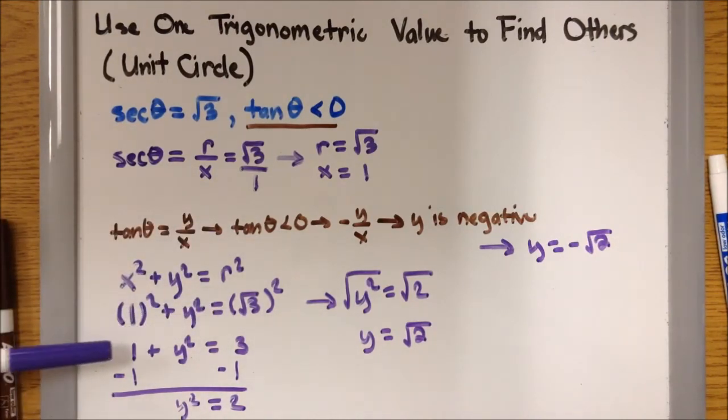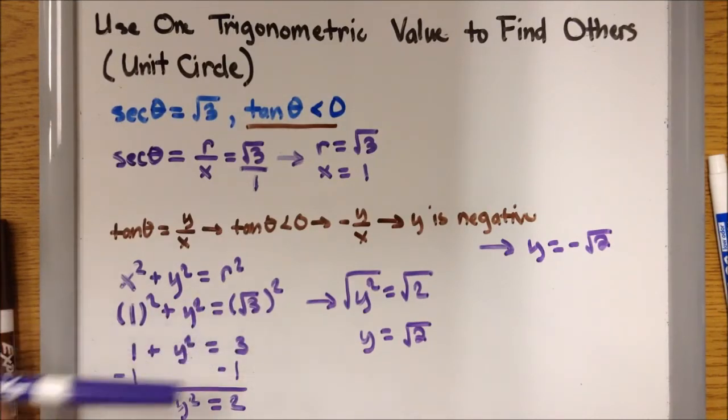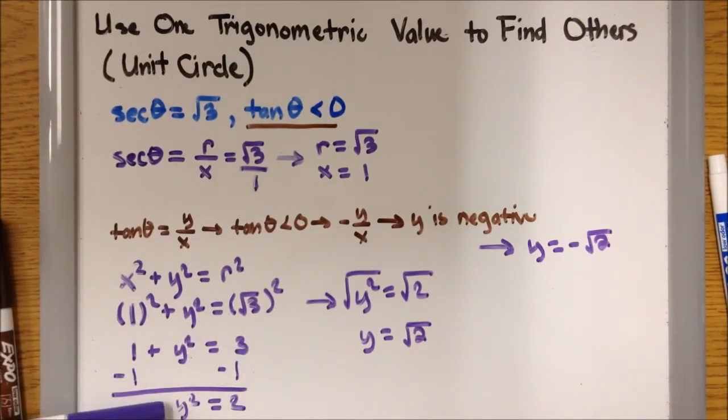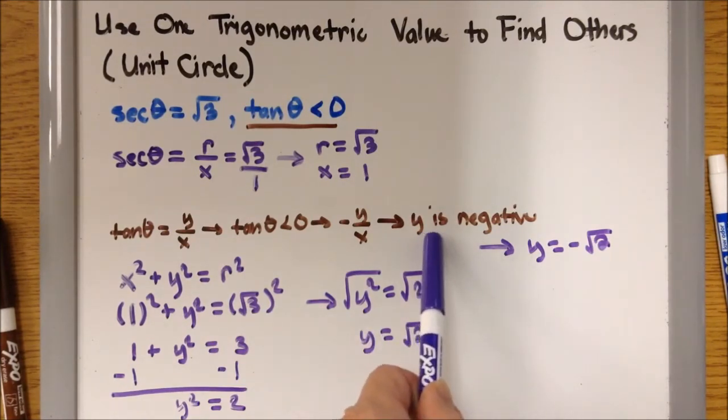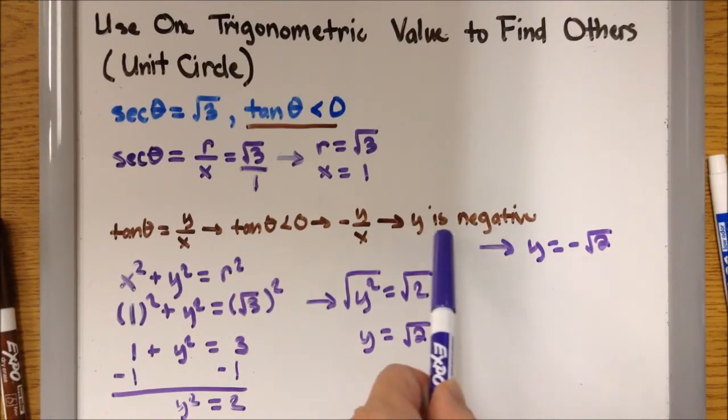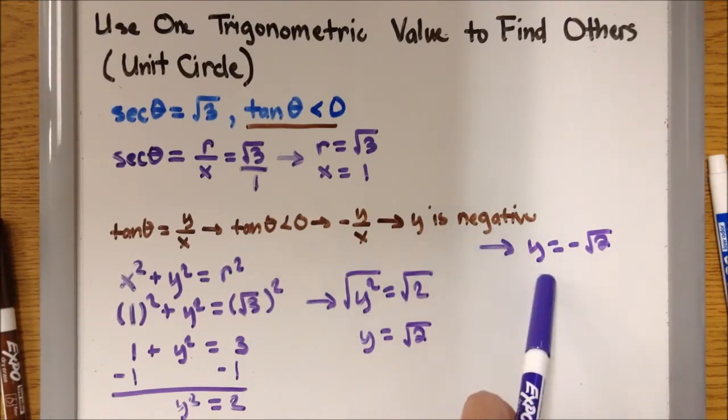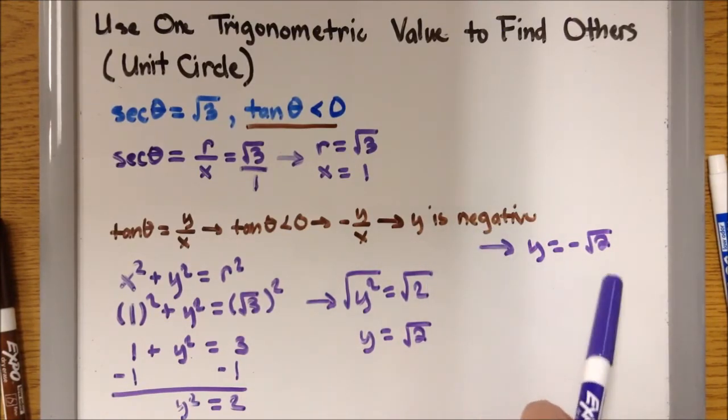When we square, we get 1 plus y squared equals 3. Trying to get y squared by itself, we get y squared equals 2. And then we square root both sides to get y, and it equals square root of 2. But you have to remember y is negative, so therefore y equals negative square root of 2.